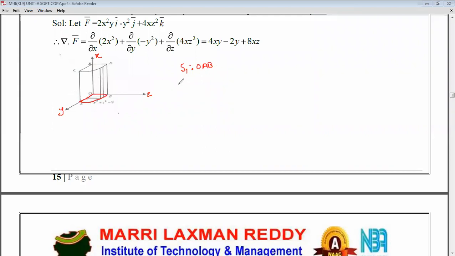And next, S2. Suppose we choose this one, that is nothing but CAD.